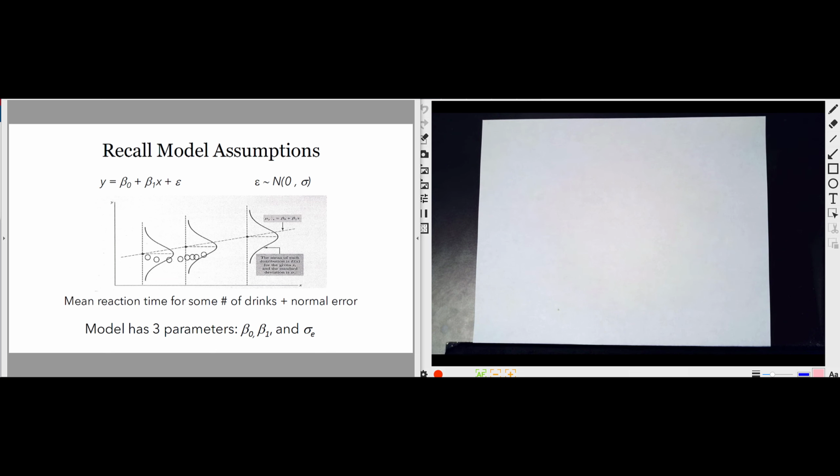All right, so here is a somewhat better diagram of what our assumptions are about this least squares linear regression model.